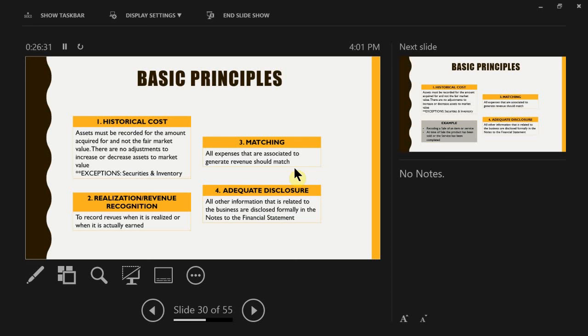Other exceptions to this rule, once again, we also got to take a look at lower of cost or market, right? Our inventory is one of those exceptions to these rules because we cannot expect that when we purchase our inventory, it's going to hold its value over the years, right? We talked about an example of lower of cost or market, right?